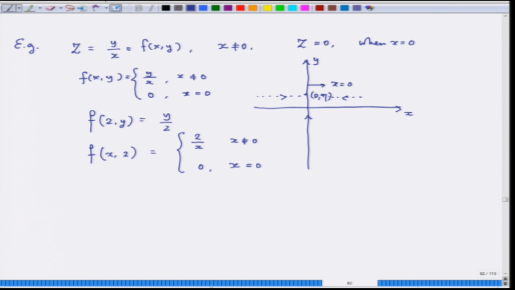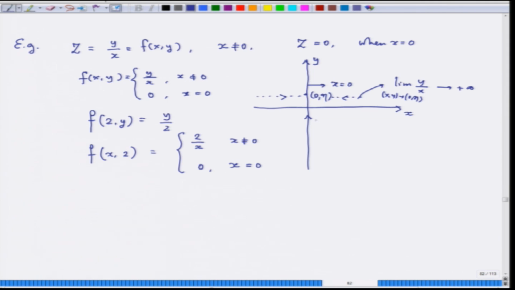So, the limits from two different paths do not agree. If you come by this particular path, then the limit of y by x as (x, y) tends to (0, eta) will blow up, it will just shoot up.